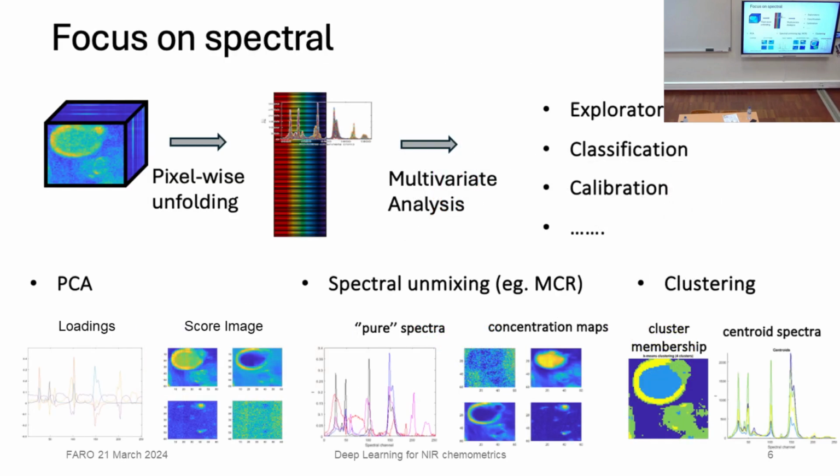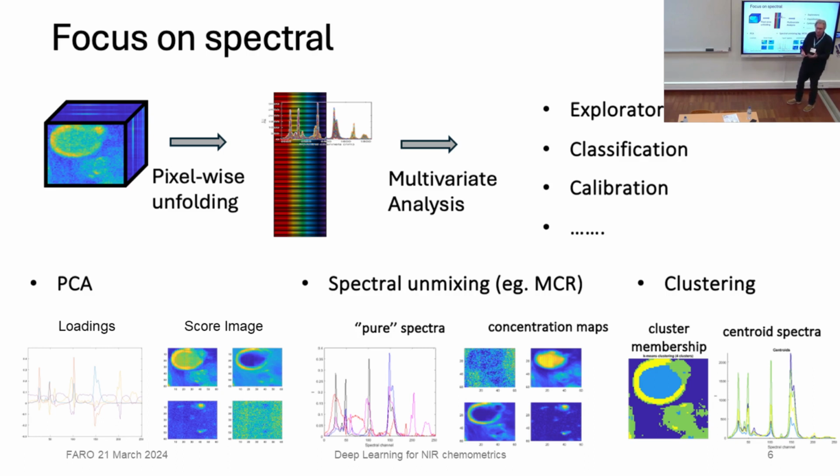So, if we focus on spectra, we do pixel-wise unfolding. You can do multivariate analysis, exploratory, like PCA, classification, calibration, etc. Here you have an example with a PCA, and what is very interesting is that if you unfold and you make a PCA or MCR, etc., when you have scores, you can refold and produce images.